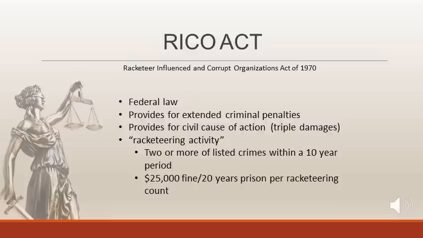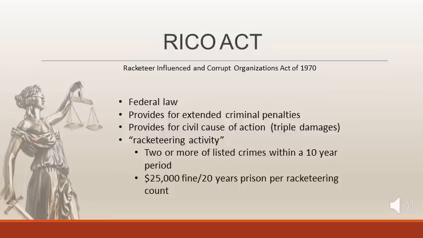Now, the RICO Act originally was designed to go after the mafia. It was doing so because leaders or the heads of the families would have their lieutenants and their soldiers do their bidding, and the leaders of these syndicate families were being tried for crimes, but they weren't actually going to jail or being convicted because there was a loophole, because the mafia heads were actually ordering other people to commit the acts and they weren't doing it themselves.